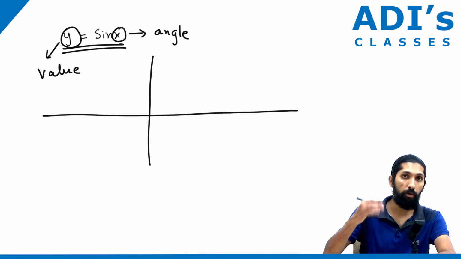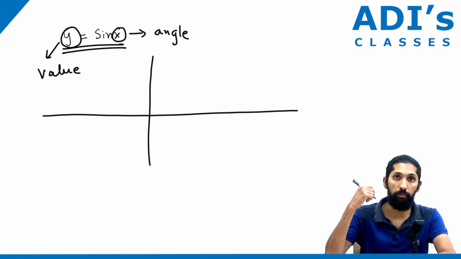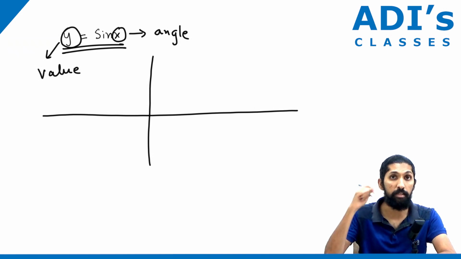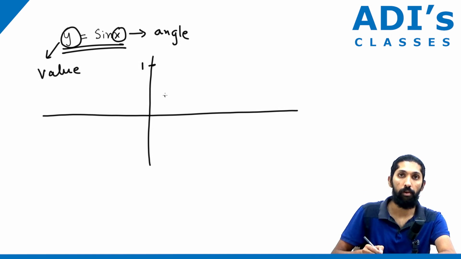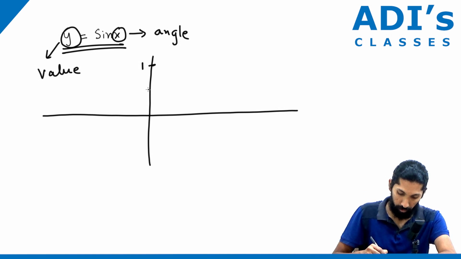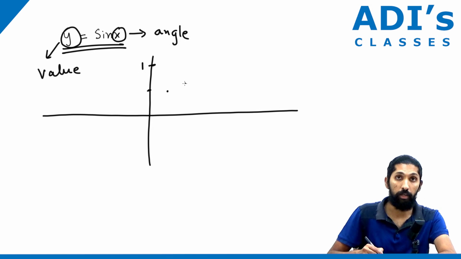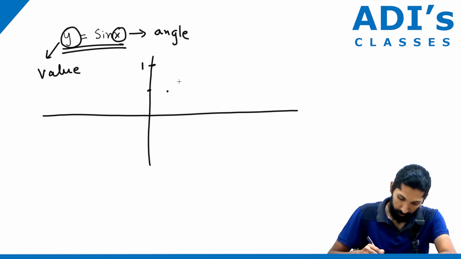Now as we keep increasing, suppose we move to pi by 6. Pi by 6 is 30 degrees and sine pi by 6 is half. Then 1 by root 2, sine pi by 4 is 1 by root 2. Then root 3 by 2 and then finally 1.